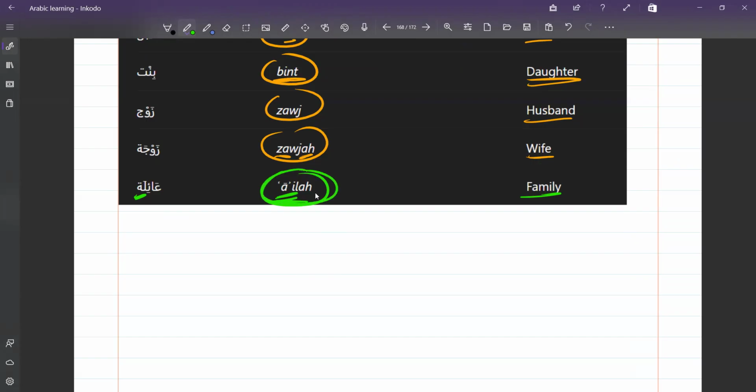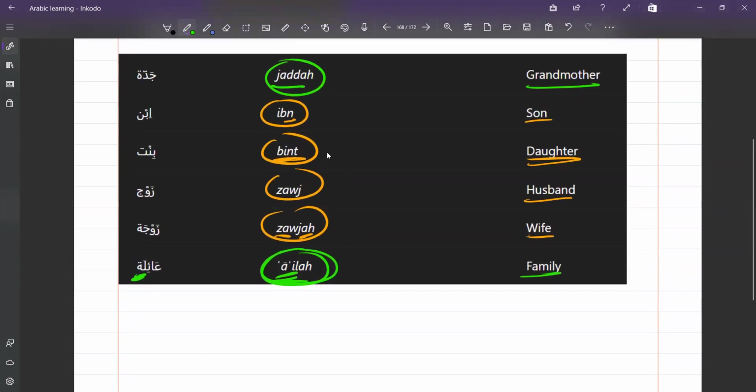But when we say this word, we ignore the ta. So we don't say a'ilat, we say a'ila. So that's it for the family words.